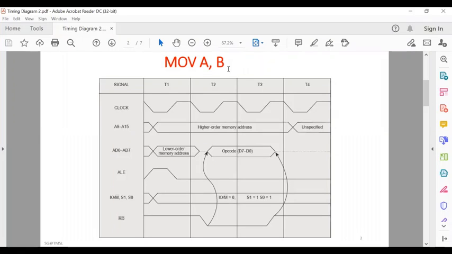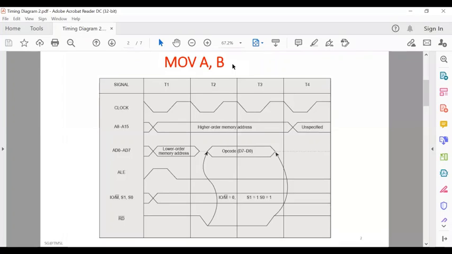Okay. So here in this case, move A comma B has one machine code or one hex code. The meaning of this one is move the content from B register to A register. And the machine code for move A comma B, right now I can't remember that particular machine code.